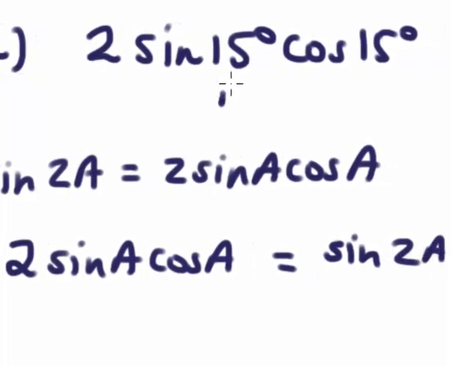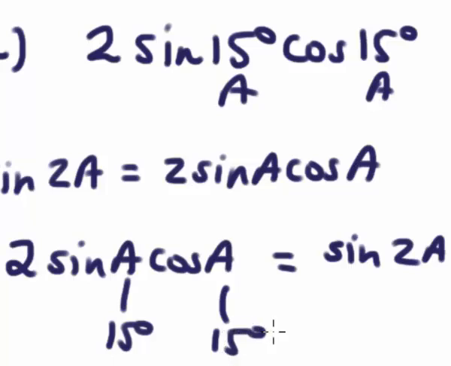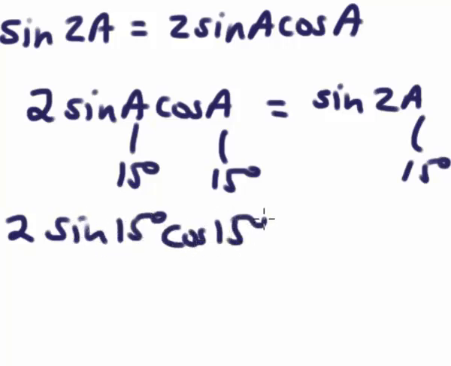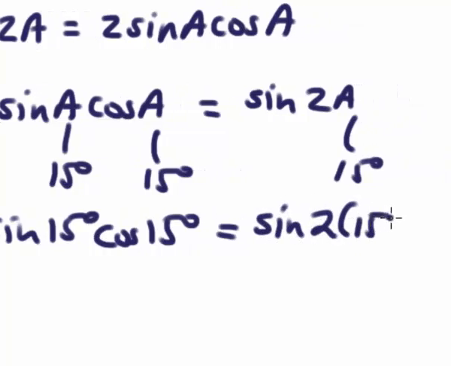Now, look at this. If I let that angle 15 be a, I can make that 15, which means that the right side is 15. So watch this. 2 sine 15 cos 15 is then the same as sine 2 multiplied by 15, which is the sine of 30.